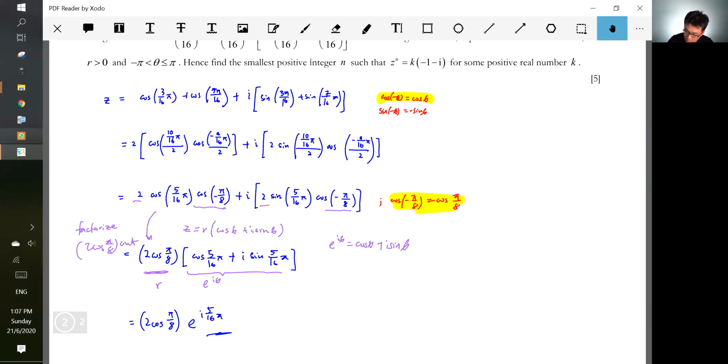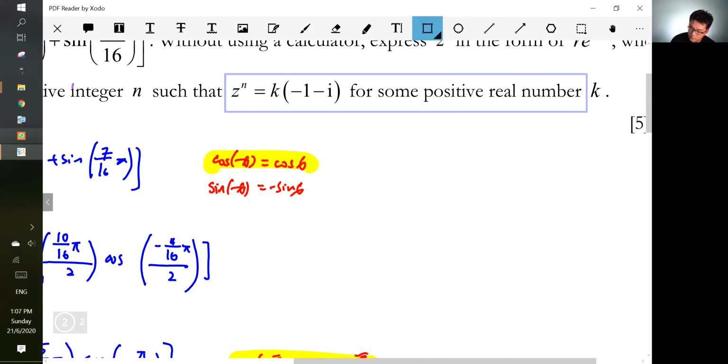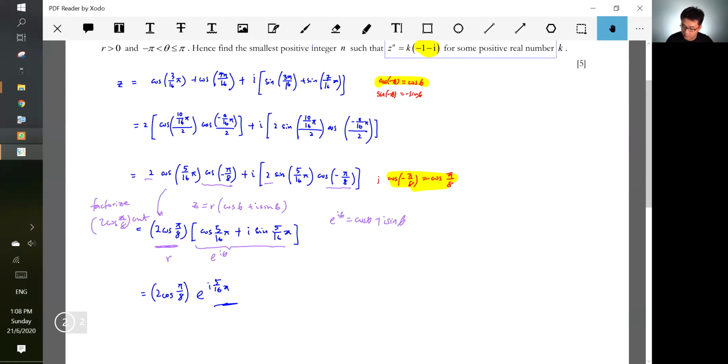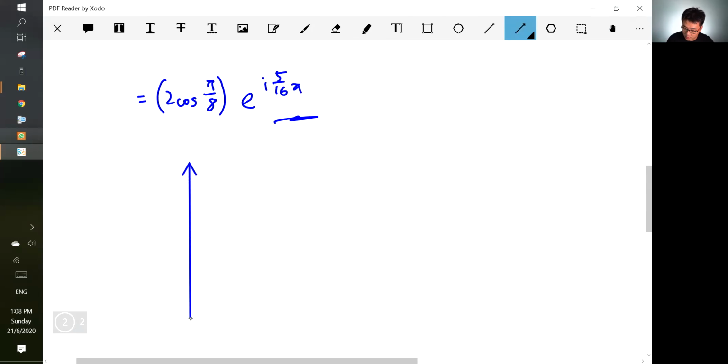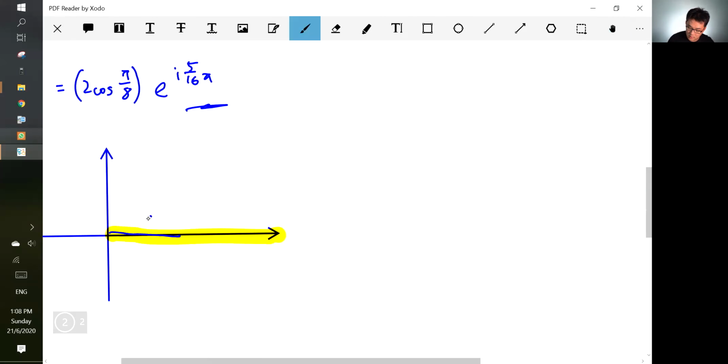The last one is to find the smallest positive integer value n such that this is some positive real number. Take note, this ratio is 1:1, so you can find the exact argument. If you want some positive real number, it means the argument has to be 0 plus 2k pi.